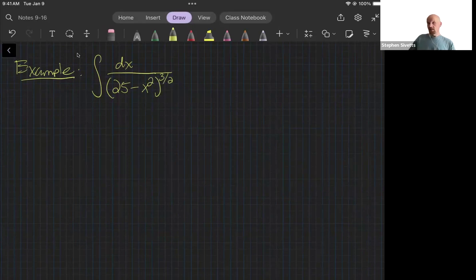There's actually the other Pythagorean identity that we want to use. The first two examples used this identity, plus one is secant squared theta. So they used that identity. But this time, right?